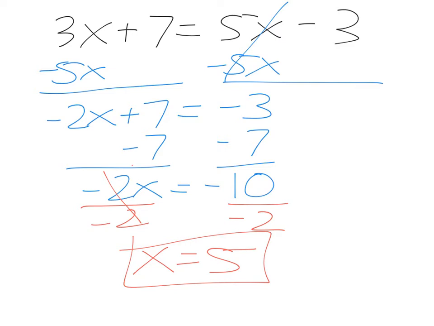Yes. Could I have started by adding 3 to both sides? Yes. So in reality, there were actually 4 different ways that I could have done this problem, and I will always come up with the same answer. The biggest trick of all is, whatever you do, you have to do to both sides. If you do it to both sides, you're always going to get the right answer.